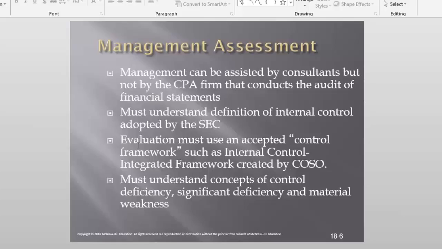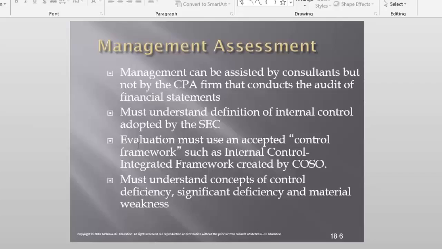It can also be done by the internal audit department, or you can develop your own controls department within the finance department. But in any event, the takeaway is that the people that do the control testing cannot be the same organization that does the audit.